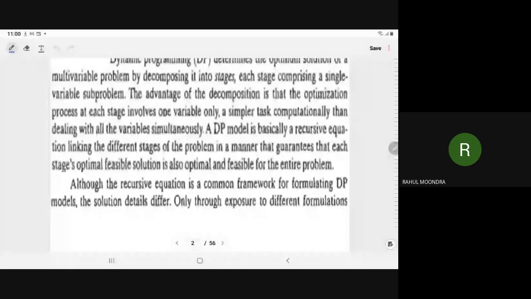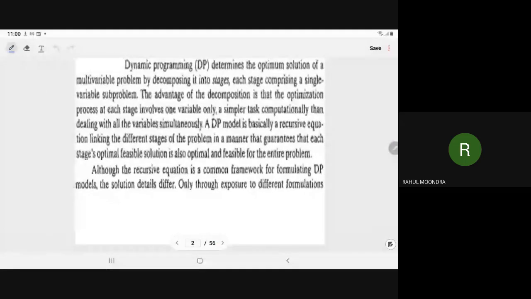So first, what is dynamic programming? Dynamic programming determines the optimum solution of a multivariable problem. Means with the help of dynamic programming, we can optimize a multivariable problem in which we have more than one variable by decomposing it into a number of stages, and in each stage we will consider only one variable.